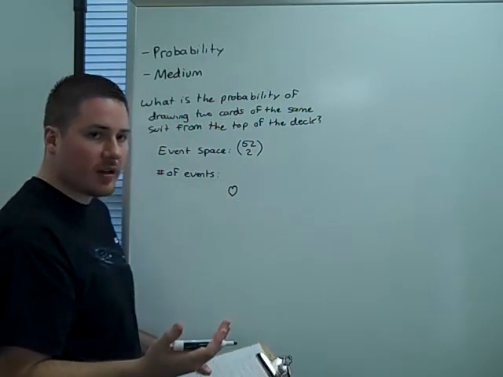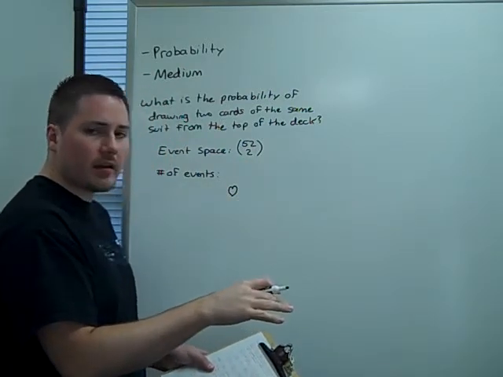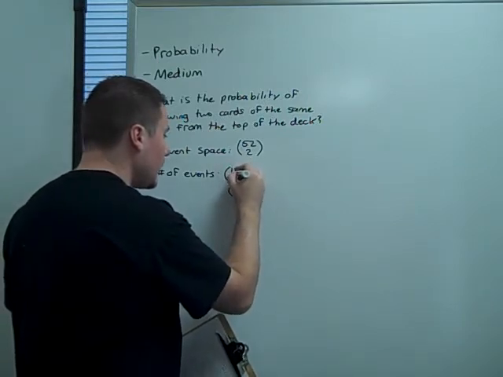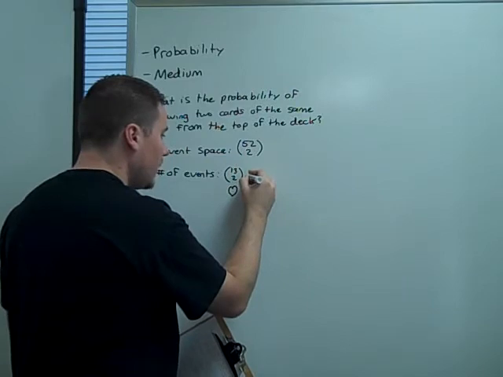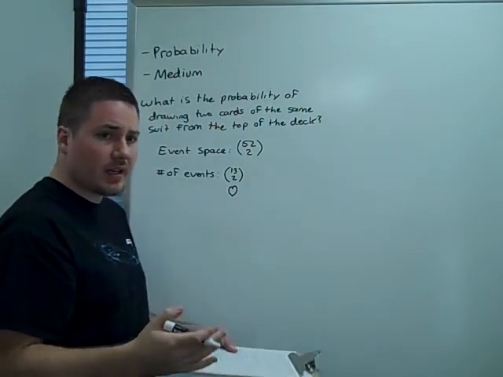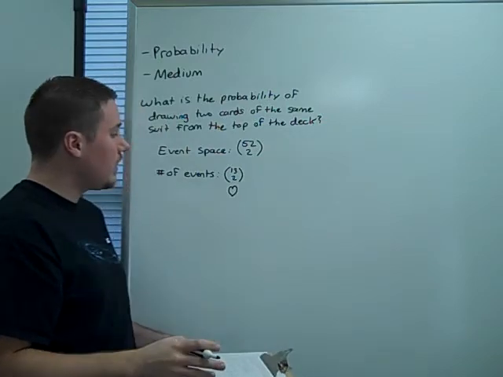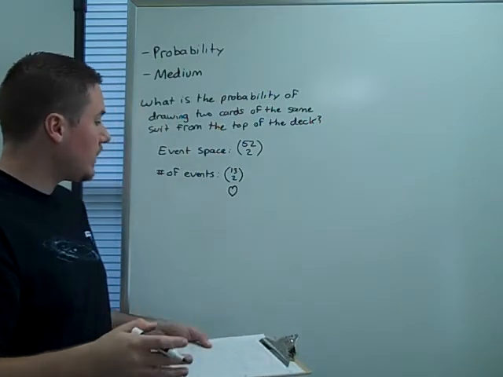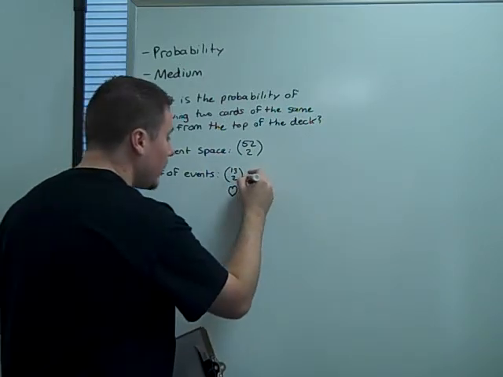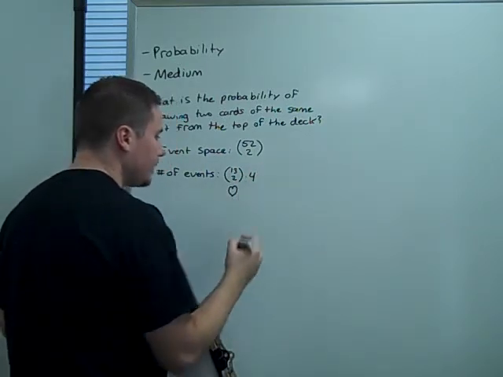There are 13 hearts in the deck, and we want two of them. So that's going to be 13 choose 2. Now that's only for the number of hearts. That's the number of ways that we could pick two hearts from the deck. But we want to know how many ways we could choose any suits. So we need to multiply it by the number of suits, which is 4.